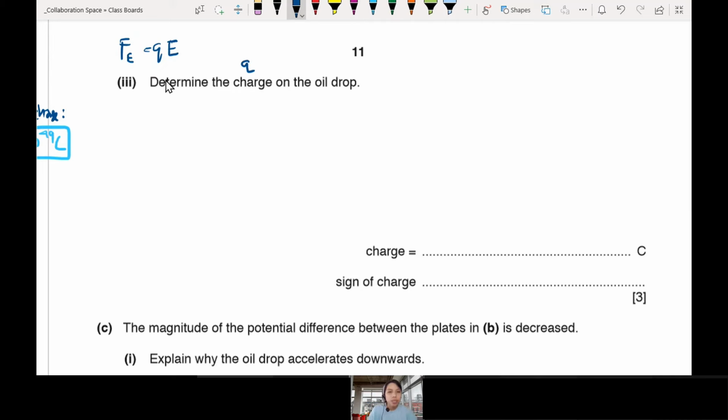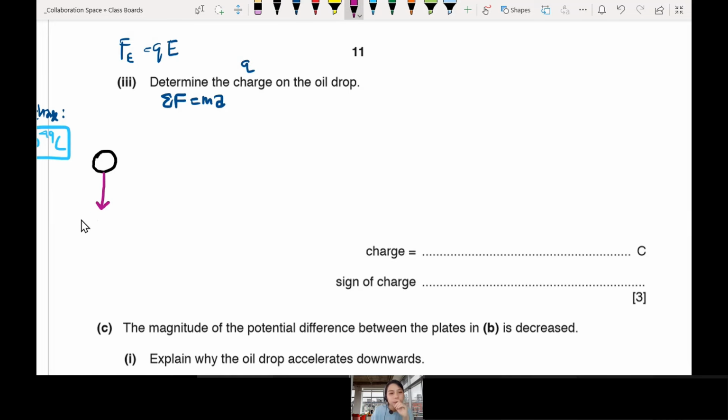If there's force involved, especially in an electric field, chances are you will need to use Newton's second law. So maybe we will start with that. Newton's second law says net force is mass times acceleration. But hold up, just now we talked about this object. This oil drop is heavy, right? So there will definitely be a gravitational force trying to pull it down.